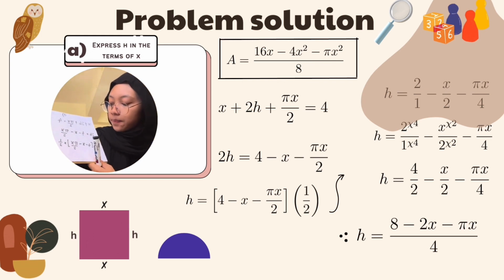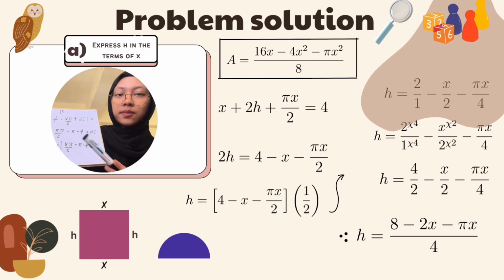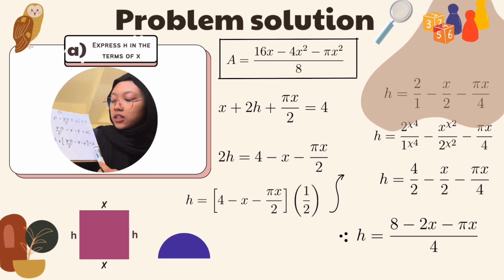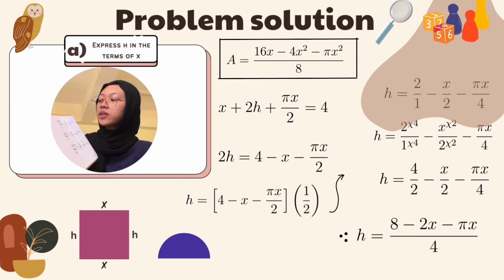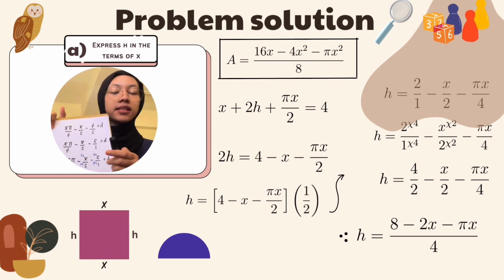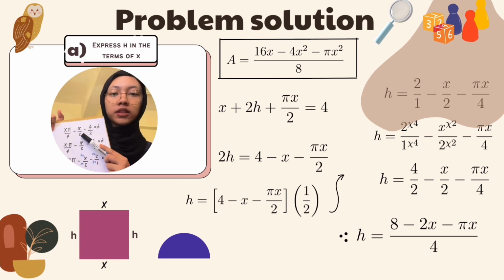And the third step, we're going to multiply everything by 1 over 2 because we want to make the 2 at the h disappear. So h equals open bracket 4 minus x minus pi x over 2 close bracket multiplied by 1 over 2. The next one looks like this, which is h equals 4 over 2 minus x over 2 minus pi x over 4.